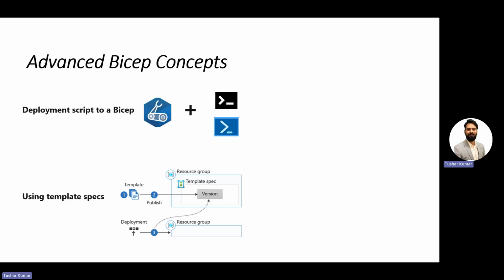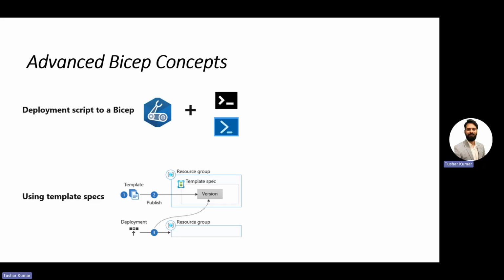The next one is using template specs. Template specs is nothing but, instead of deploying the Bicep template, you publish that particular template into Azure, which can be used later on for the deployment. When you do the deployment at a later stage, it will work as a package for you.